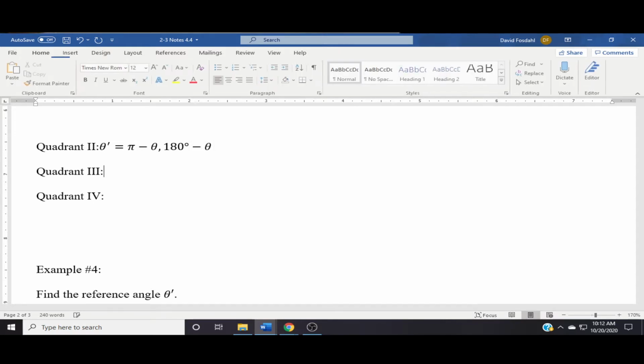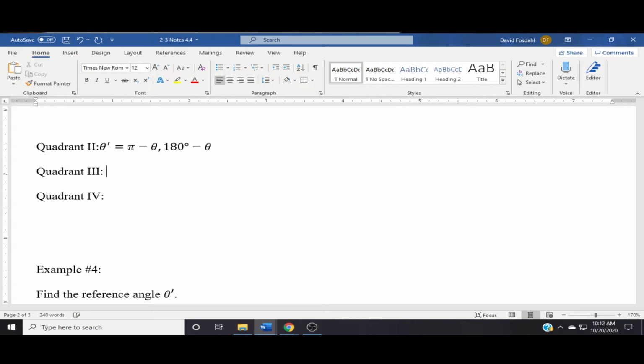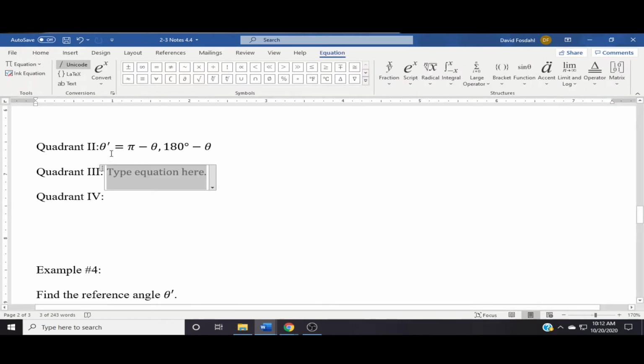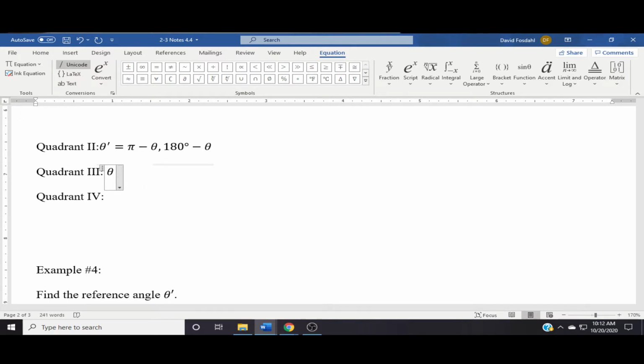Okay, that's going to be theta prime for quadrant 2. Quadrant 3, our reference angle is going to look like theta minus pi, or theta minus 180 degrees.